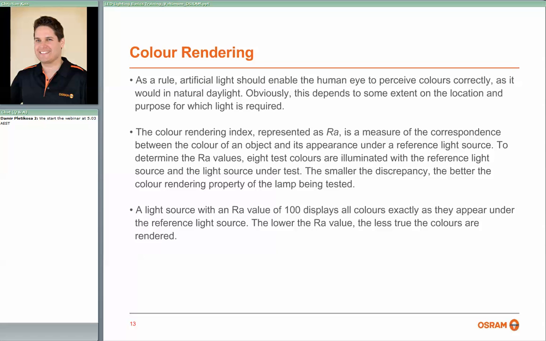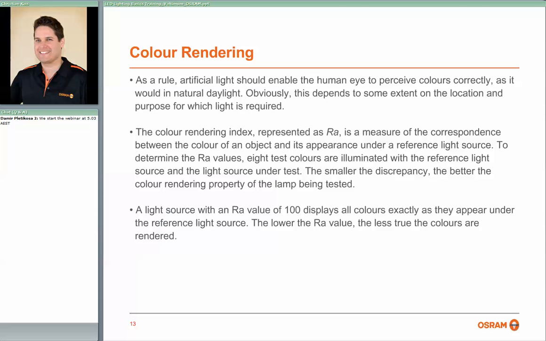So a light source of 100 is a reference light source, which is an incandescent lamp, for example. So that's determined under the color rendering index to be the light source with the best color rendering, and therefore rendition of all the different parts and colors of the light spectrum itself.